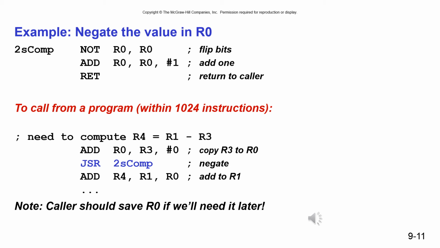It has all of the aspects of the subroutine: the definition, the argument location. In this case, it only has one argument, but we could have multiple arguments easily. They would have to be in registers. And we also have the return value. Now, it's worth saying again, if R0 had a value that needed to be preserved beyond this, you would need to preserve it before calling this subroutine.